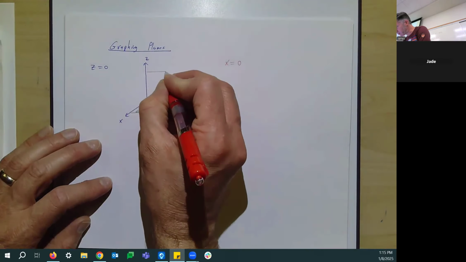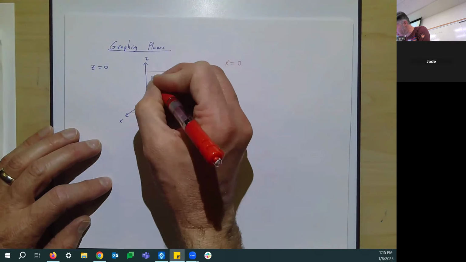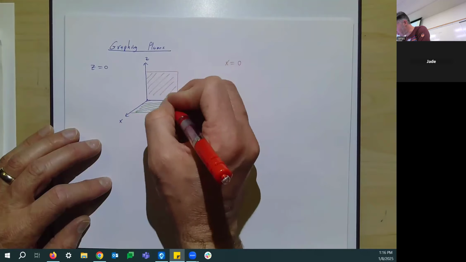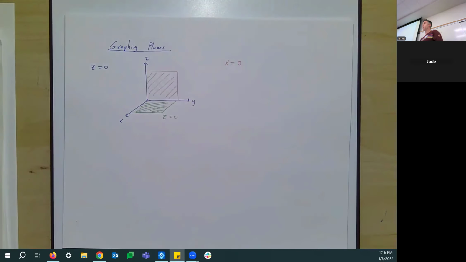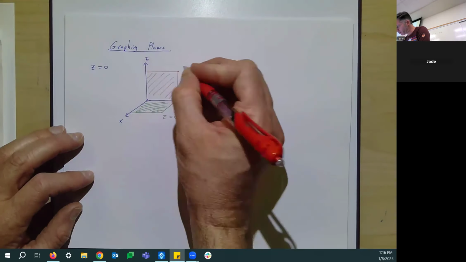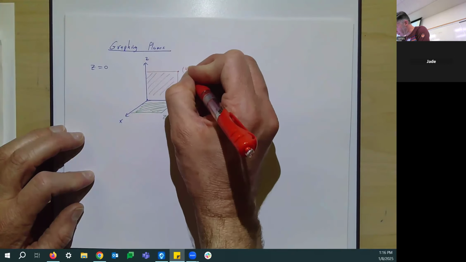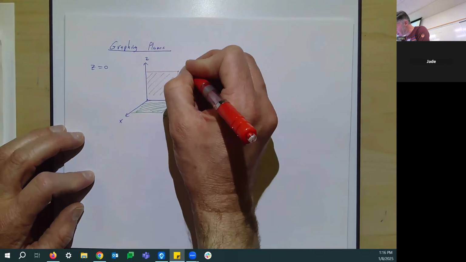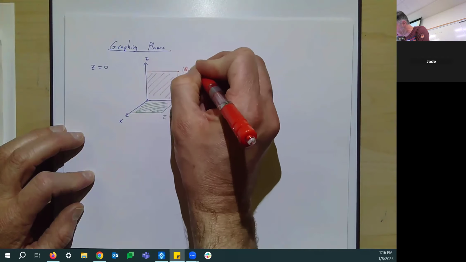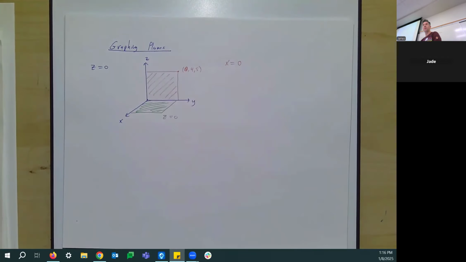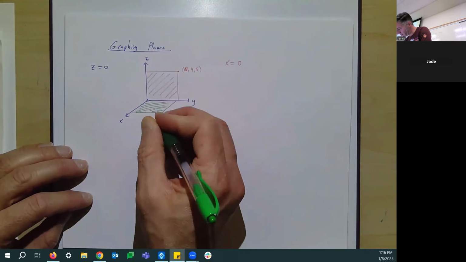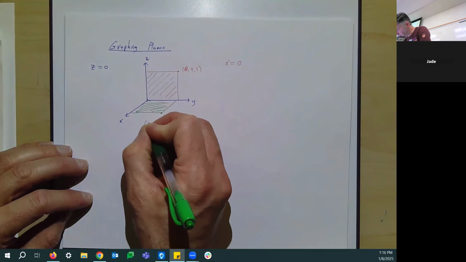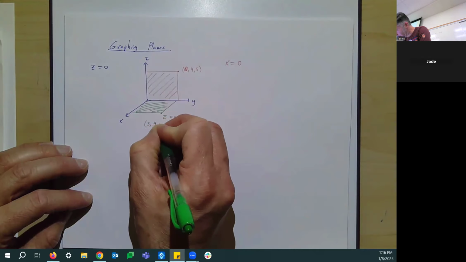Essentially, x equals 0 is like this over here, where we can move left or right as much as we want. We get points like 0, 4, 5, for example. Whereas over here might be the point 3, 4, 0.